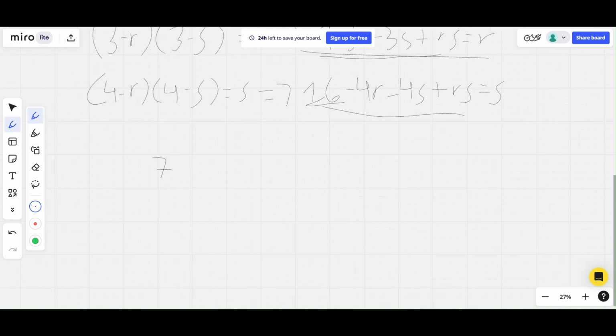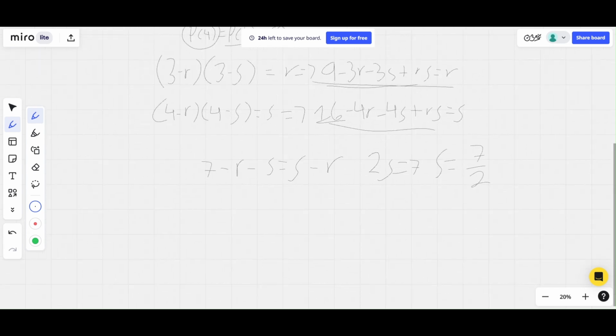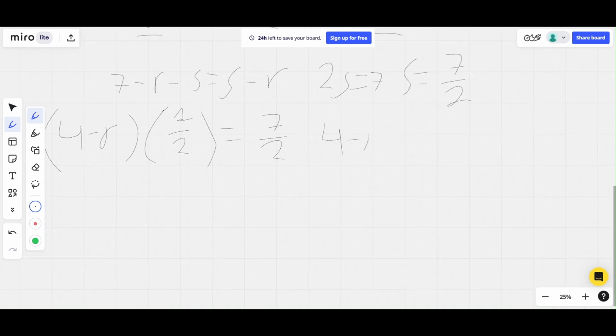We get 7 minus r minus s equals s minus r, so 2s equals 7, and s equals 7 halves. Let's plug s back in. We have 4 minus r times 8 halves minus 7 halves, which is 1 half, and that equals 7 halves. So 4 minus r is equal to 7, and then r equals negative 3.